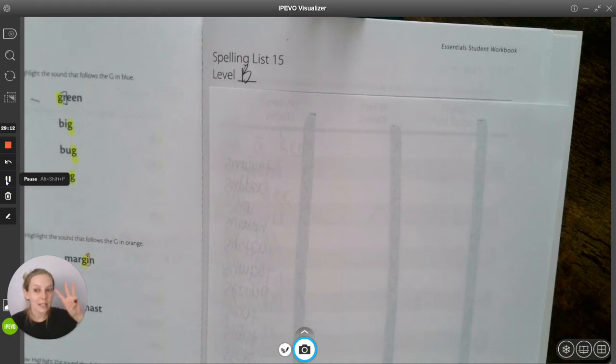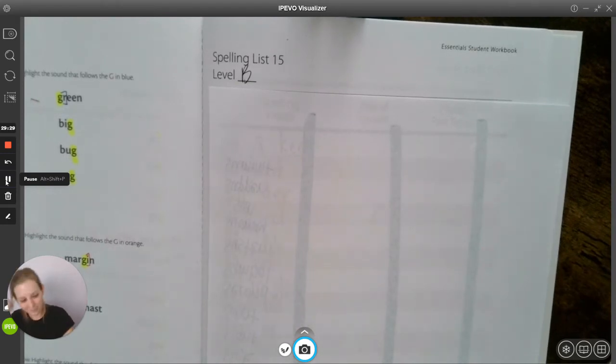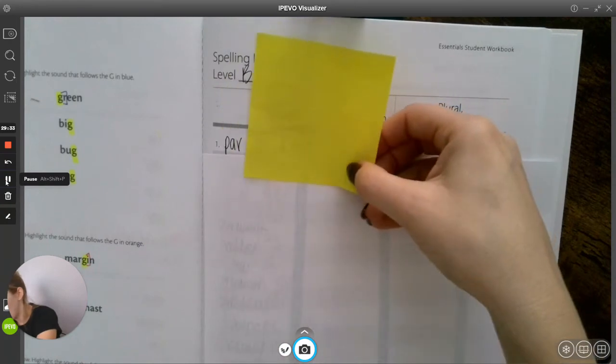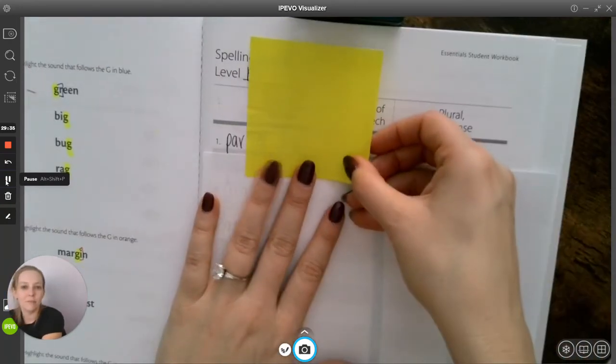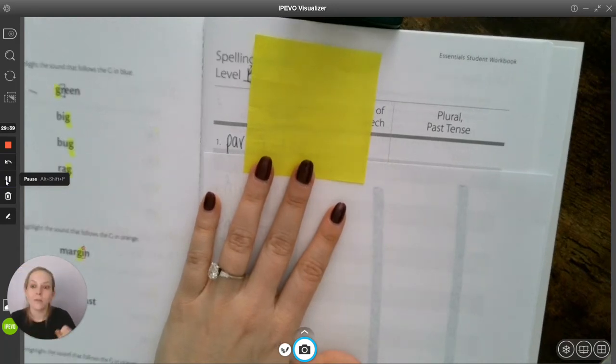It has 3 syllables. First one is pear. Sound it out. P, a, parakeet. It's a hard word to say. Air. Air. Yes, let me get a little sticky note. Air. Air. And then, finger spell.